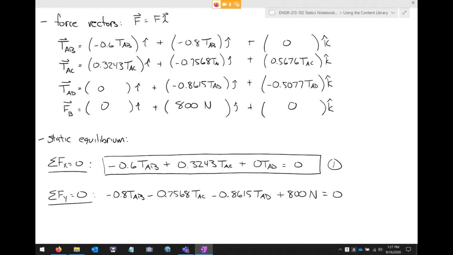In other words, if I subtract 800 newtons from either side, then every term is going to be negative. I don't like dealing with all those negatives.